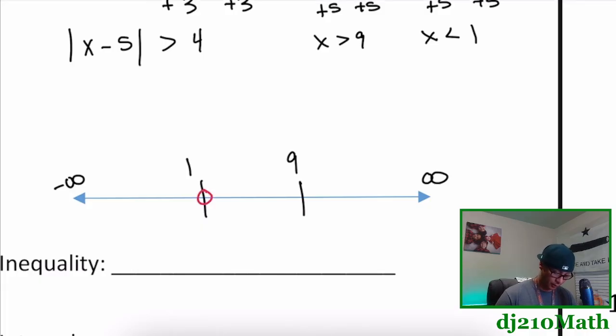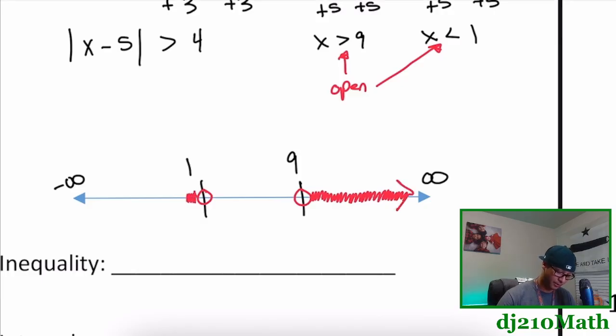They both get open circles because it's strictly greater than, right? Open. And then x is greater than 9, so we're going to the right. And then x is less than 1, so to the left.